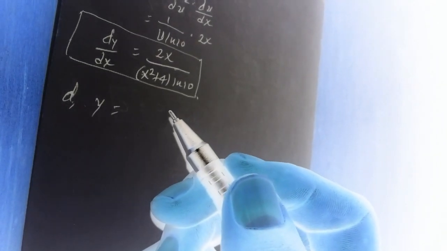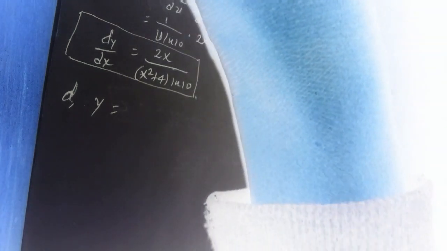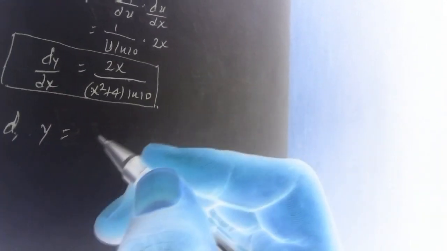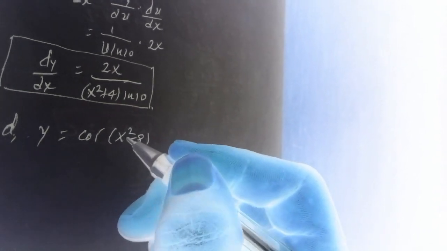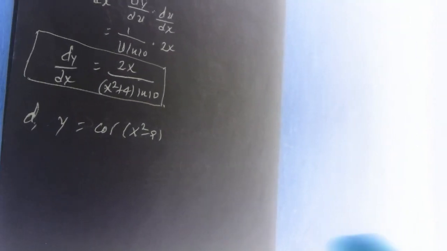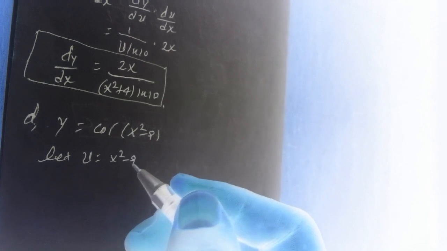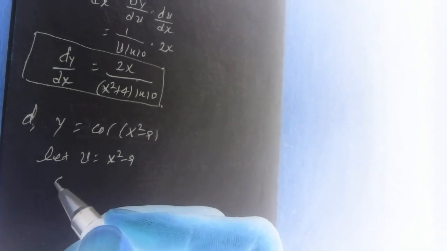Let me add one more example. Let y equal cos of x squared minus 9. The first thing is to let u equal x squared minus 9, the inner function.